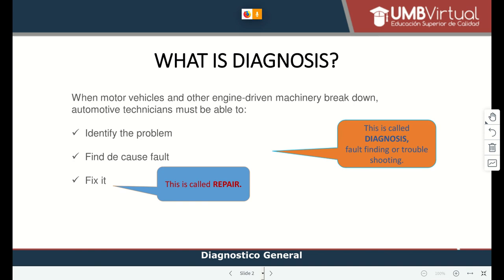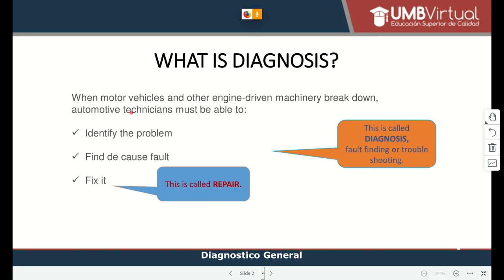Specific issues, of course, depend on each manufacturer. Manufacturers are going to recommend or suggest different diagnosis protocols to deal with different faults or troubleshooting procedures. But here, basically, we're going to talk about some general concepts, at least in this first session.